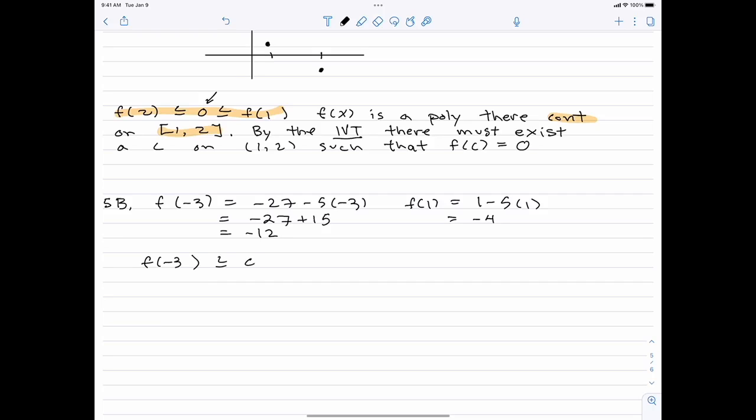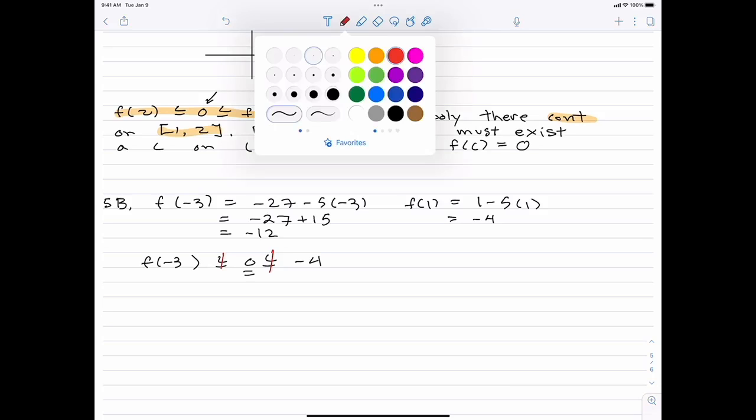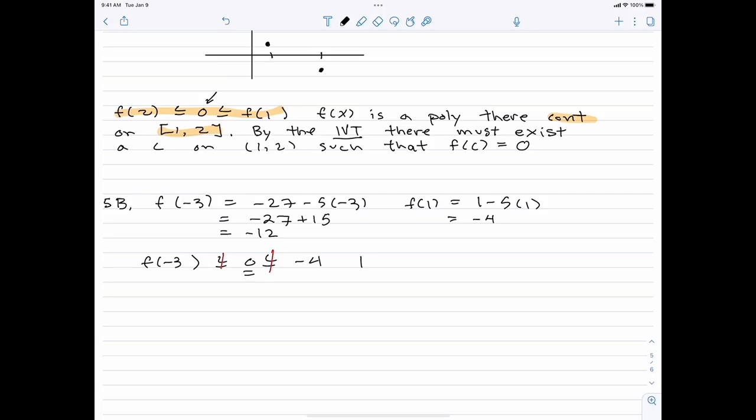This is absolutely false. 0 is not between these two outputs. That's a false statement. So there might be, right? It may be the graph crosses the x-axis on that interval, but intermediate value theorem doesn't tell me that. So all I can say is intermediate value theorem does not apply.